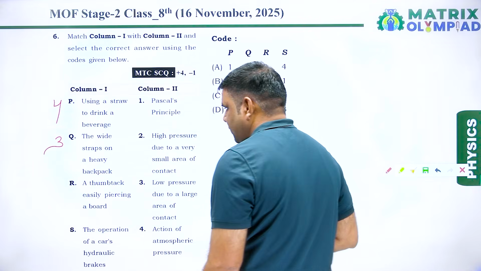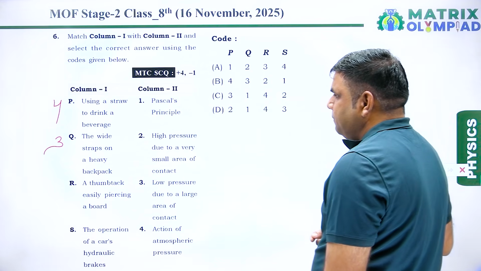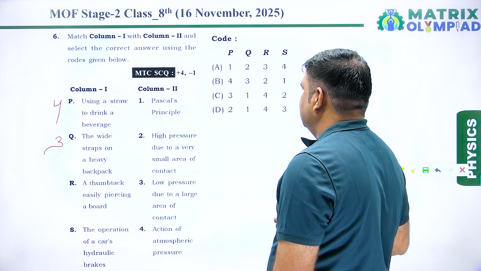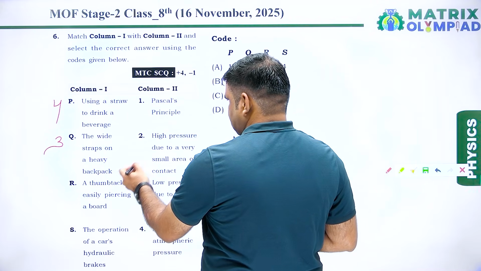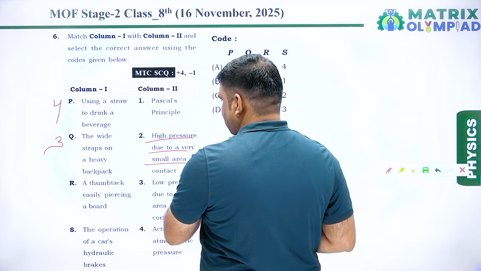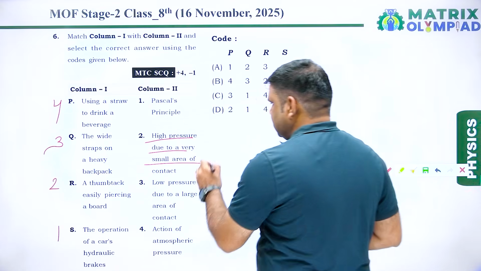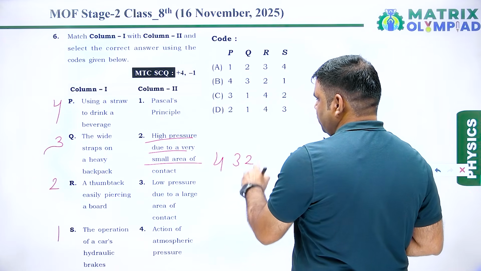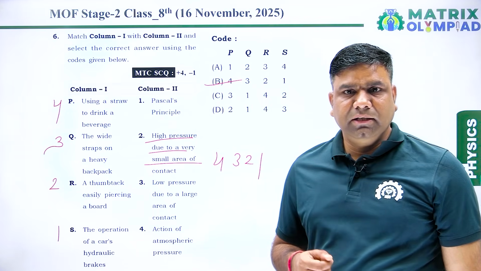So 3. A thumbtack easily piercing a board is matched with high pressure due to a very small area. This is 2 and this one is 1. So our correct sequence will be 4, 3, 2, 1. So option B will be the correct answer for question number 6.